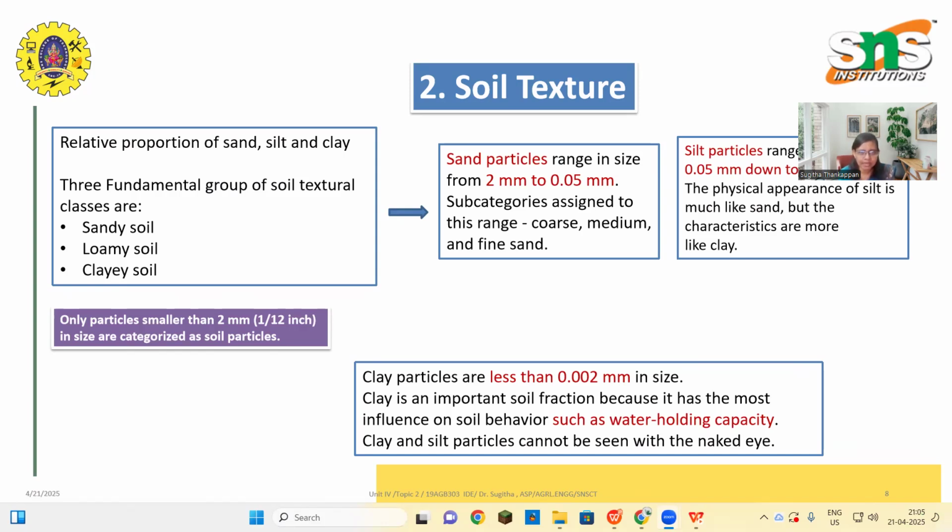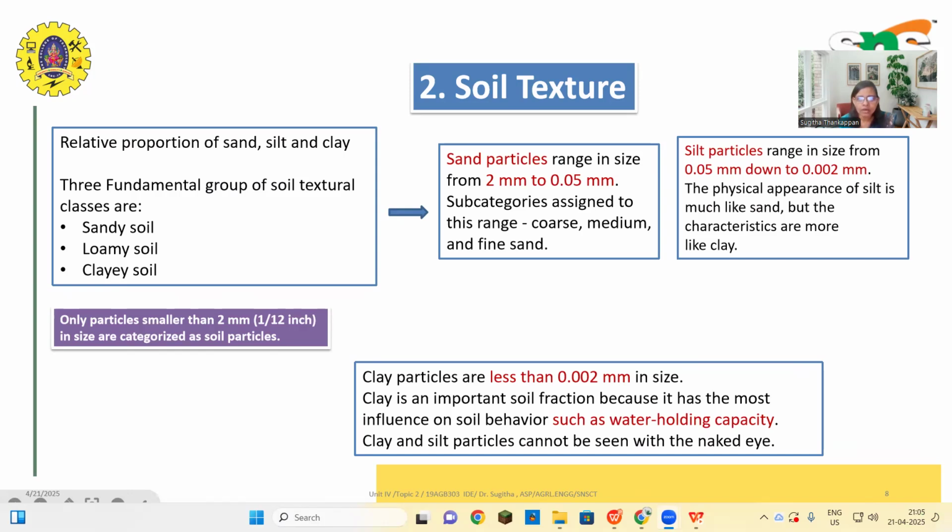If you take sand, the particles range in size from 2 mm to 0.05 mm. The subcategories can be classified as coarse, medium as well as fine sand. Likewise, the silt particles are a little bit smaller, ranging from 0.05 mm to 0.002 mm.